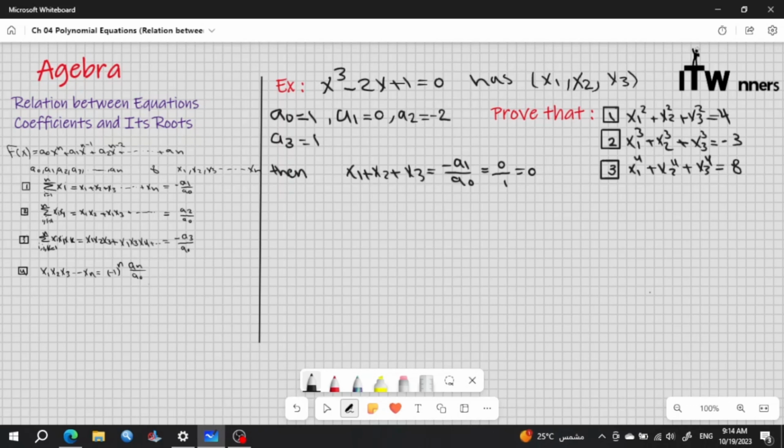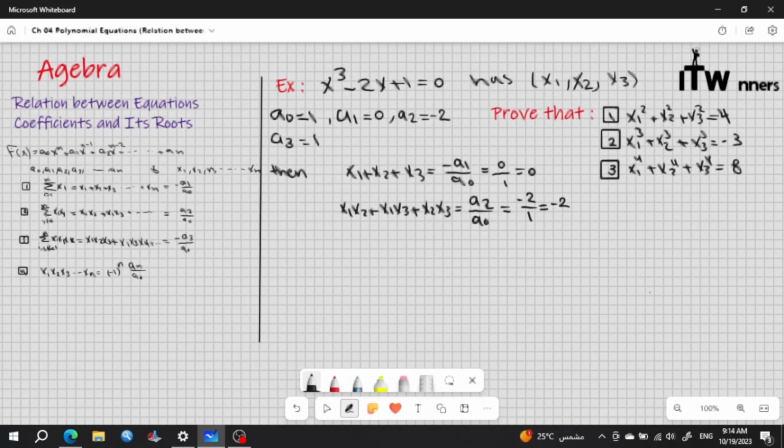Here x1 x2 plus x1 x3 plus x2 x3 equals a2 by a0, that's equal to negative 2 by 1 equal to negative 2.